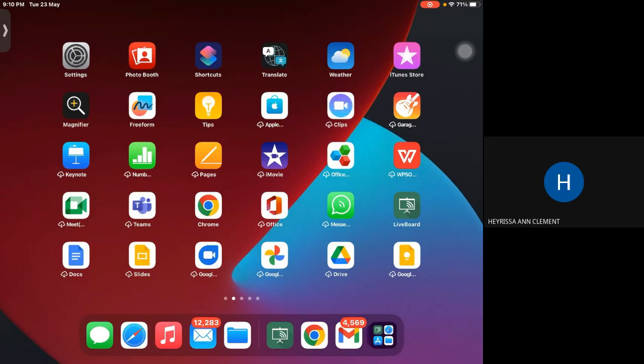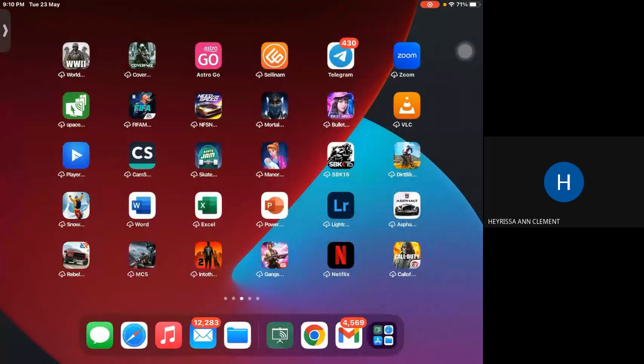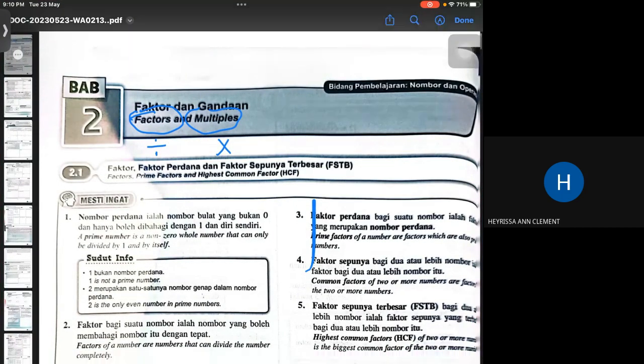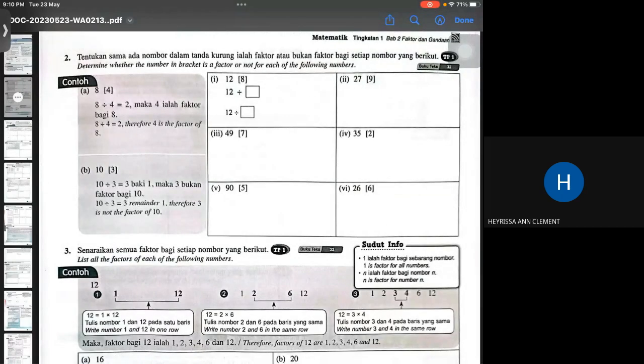Okay, now you do some activities, some exercises. Okay, number 2. Determine whether the number in the bracket is a factor or not for each of the following numbers. This one is very easy.